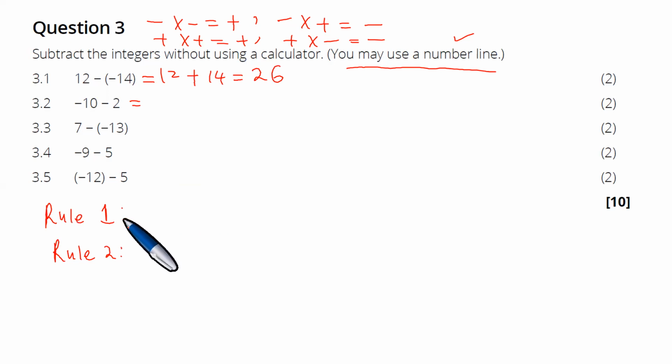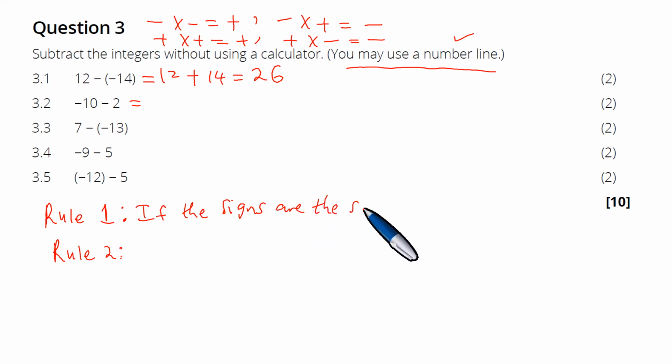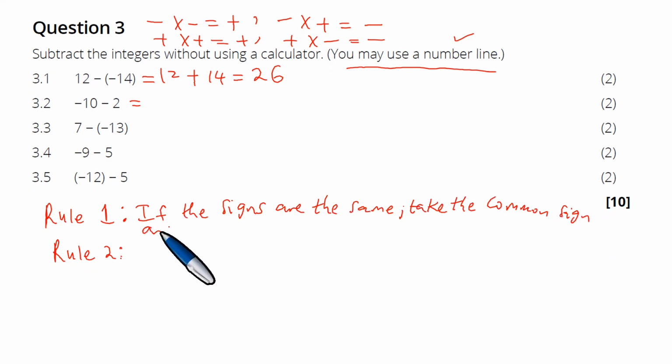In rule 1, we say, if the signs are the same, take the common sign and add the two numbers.